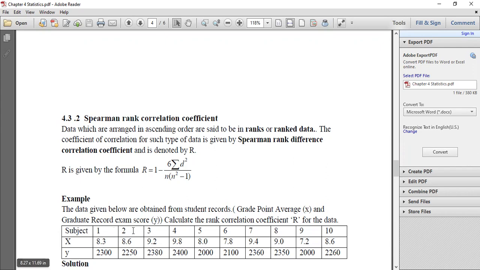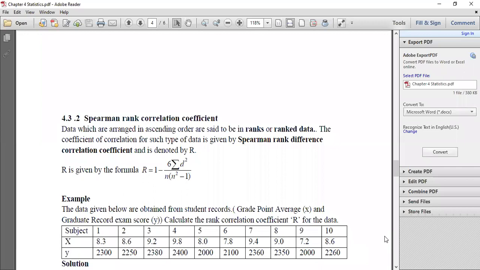We have 10 people, 10 subjects that we are considering. So we record their grade point average. For the first one it is 8.3. Then we record their exam score, 2300. So we take X to be our grade point and Y to be our exam score. So we record for the 10 people.